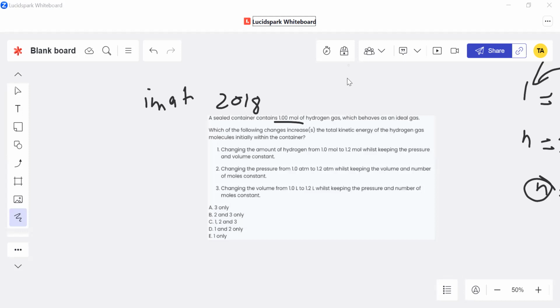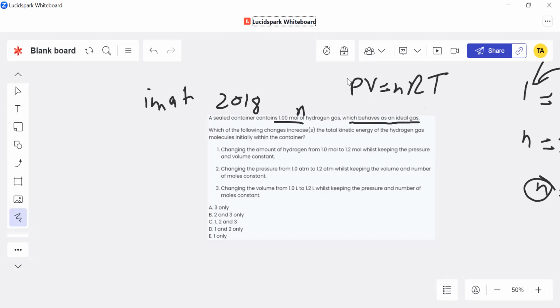So let's see now. A sealed container, so there is a container that has hydrogen gas, which behaves as an ideal gas. So this 1 mole of hydrogen is the N in the equation. Now, when they say it behaves as an ideal gas, we will use a formula called PV equals nRT.